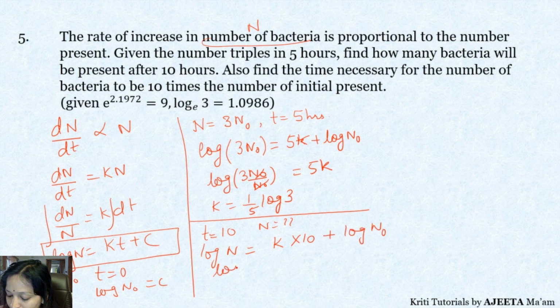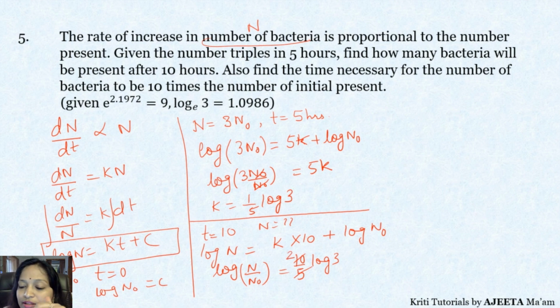Now log n by n0 is equal to 1 by 5 log 3 into 10. So what do you get here? 2 log 3, which can be written as log n by n0 equals 2 log 3. Correct?